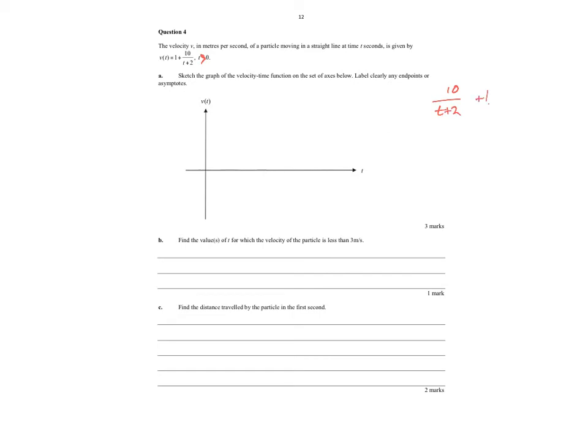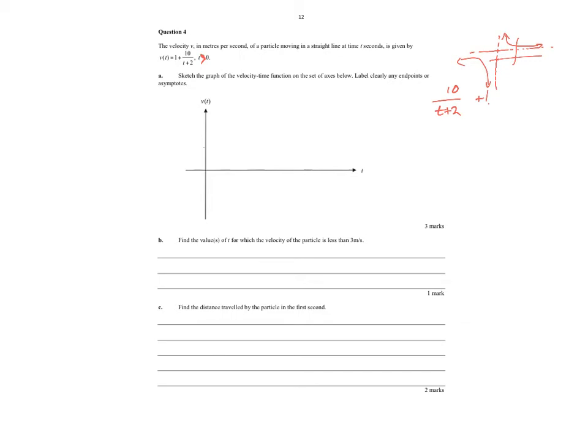So it's a hyperbola, shifted 2 units to the left, because it's a plus 2. So I've got an asymptote at negative 2, 1 unit up. And so it's going to be something like that. But we're only sketching it for t greater than 0.